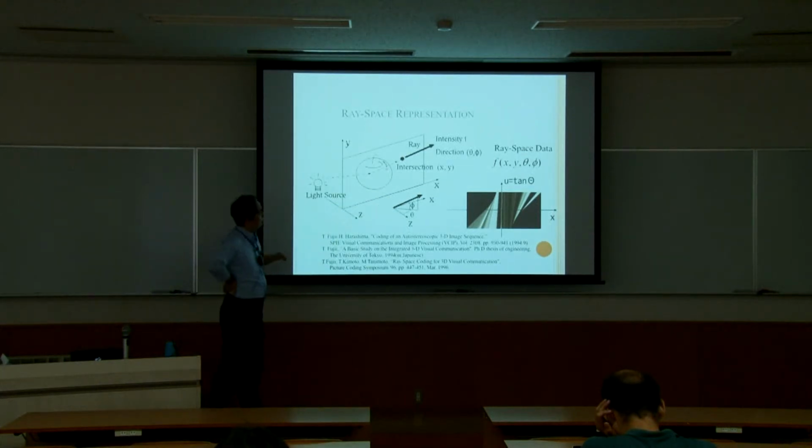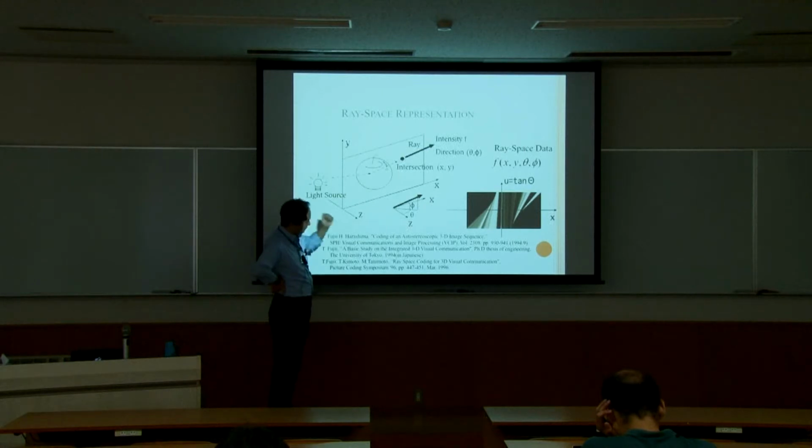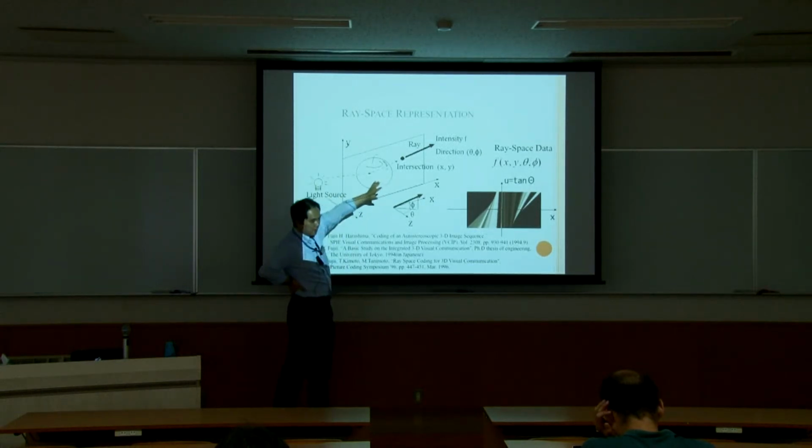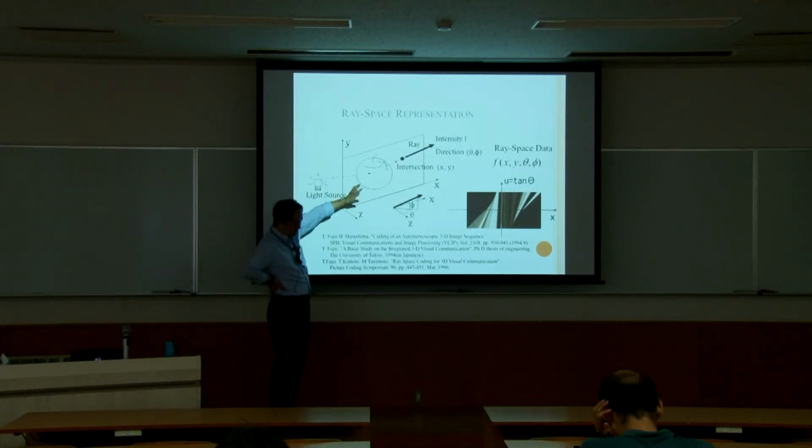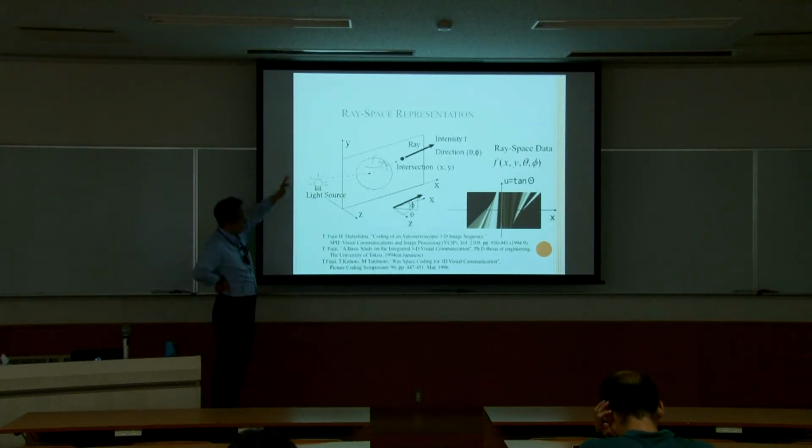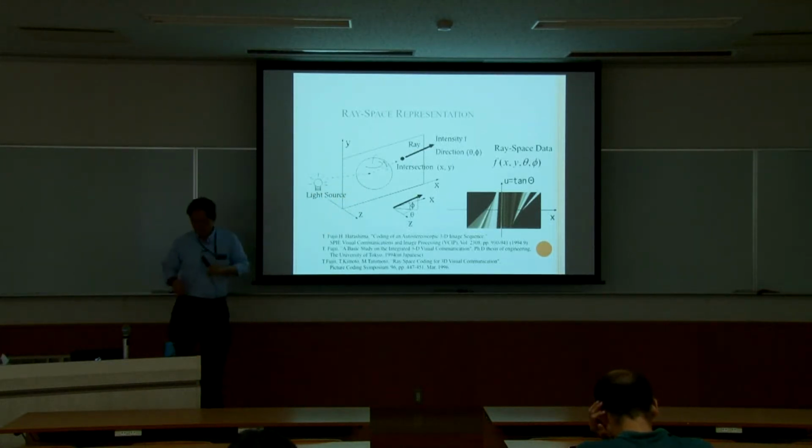So we can define a 4D space function. Okay, the light ray intensity f can be determined using 4 parameters: x, y, theta, phi. So we can define a 4-dimensional function in this case. So this is called ray space.